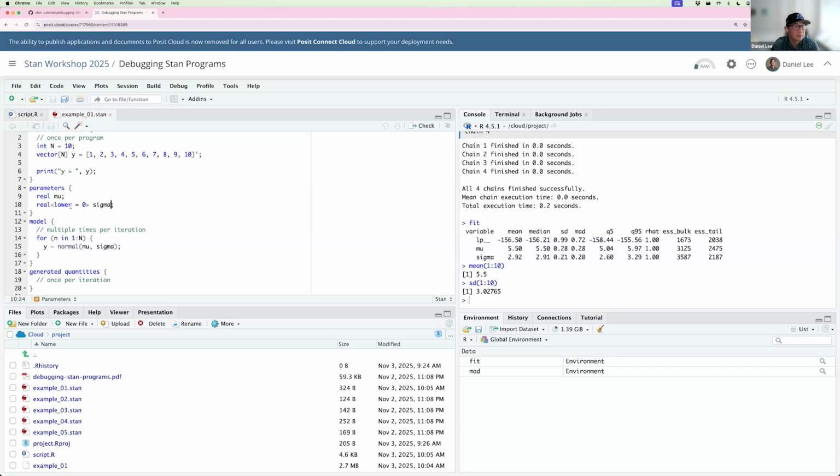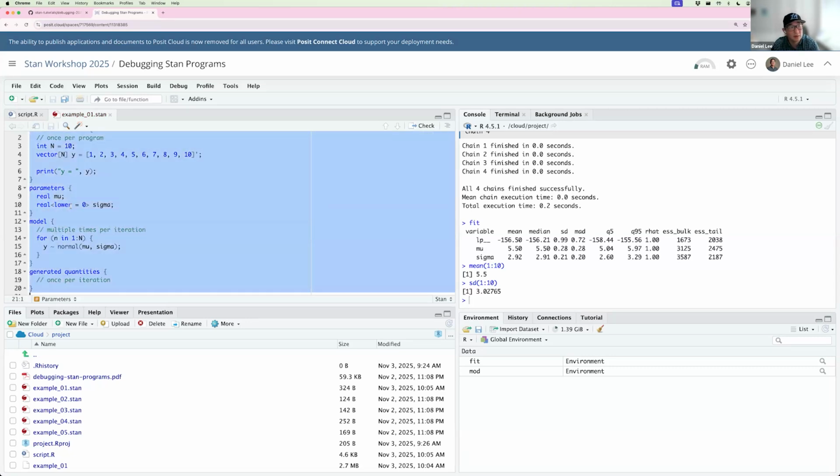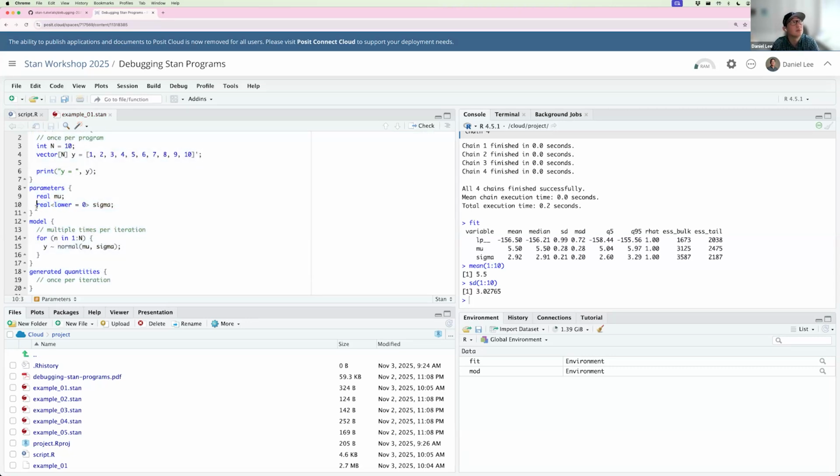If you're not familiar, Stan actually samples. So the parameters that Stan uses are not these parameters.